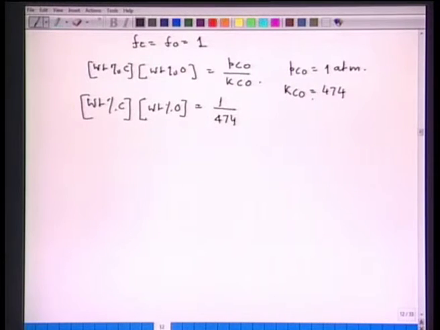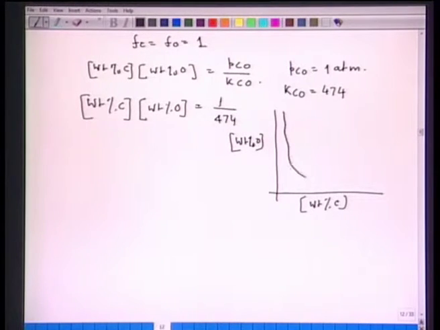Now, this value of 474 is at 1873 Kelvin. What we can do is plot. So, if we plot, for example, weight percent O against weight percent carbon, then what we get is this sort of relationship.